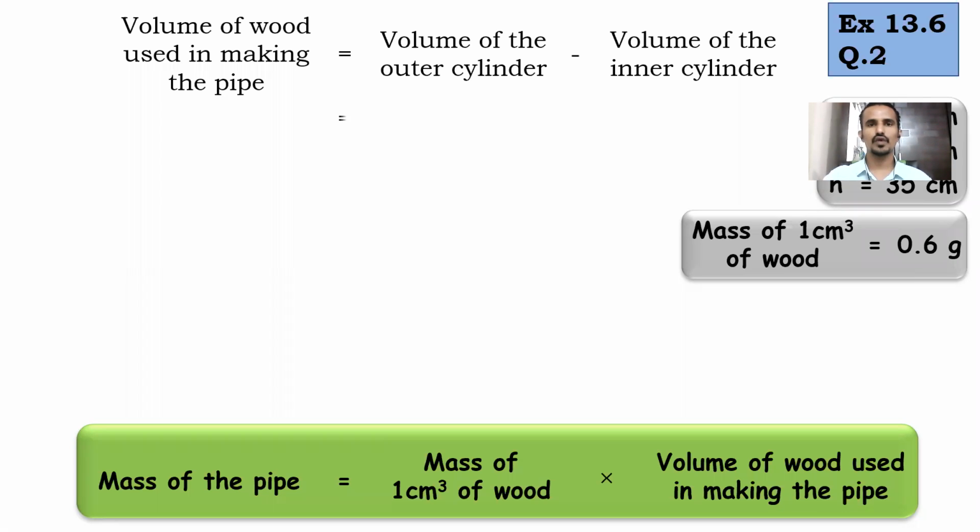Okay, so the formula will be pi R square h minus pi r square h. Here we can take pi and h common. So in the bracket we will have capital R square minus small r square, obviously. So pi h in the bracket R square minus r square.